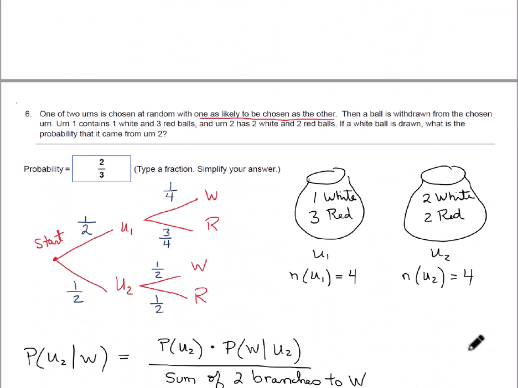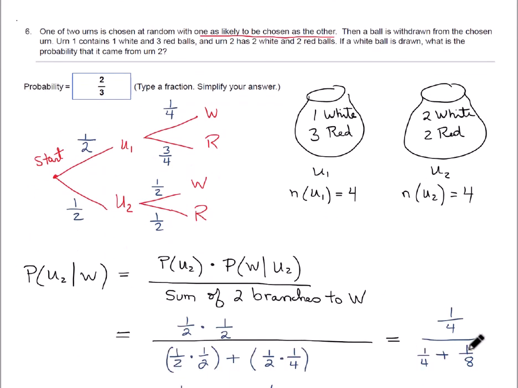All right, in question 6, we have, first off, 2 urns, and one is as likely to be chosen as the other. That's a key word here. What that means is the probability for urn 1 or urn 2 is exactly 1/2. All right. What's in urn 1?